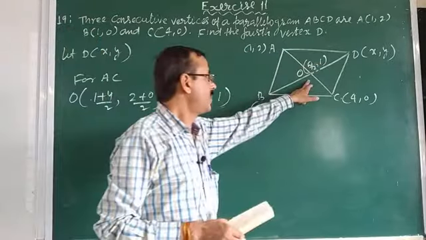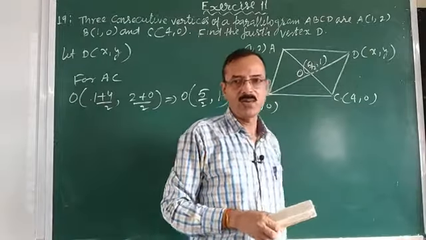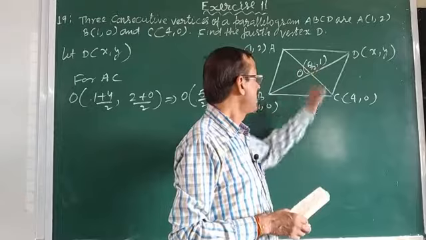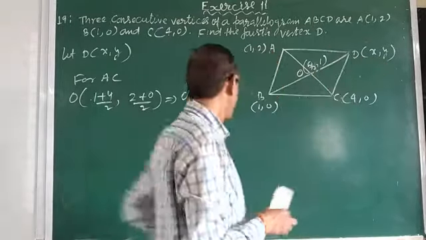By using this midpoint, the same midpoint will be for the diagonal BD. वही midpoint BD के लिए भी होगा. So by using the same midpoint, we use the midpoint formula to find x and y. Let's see.